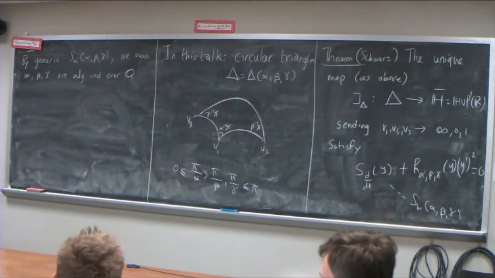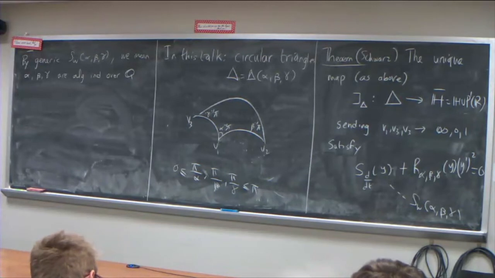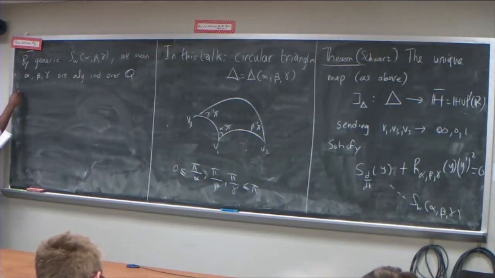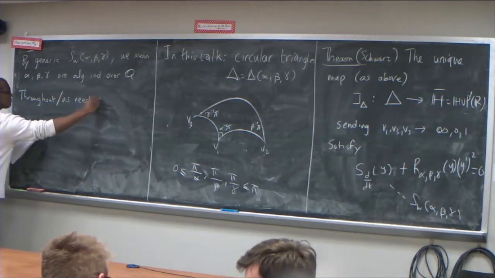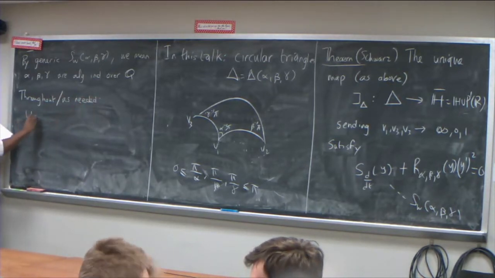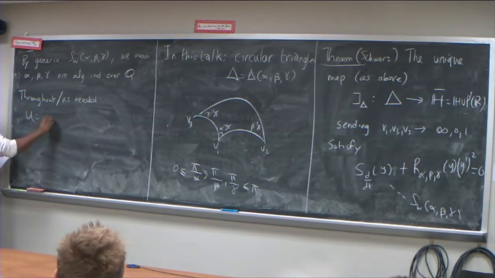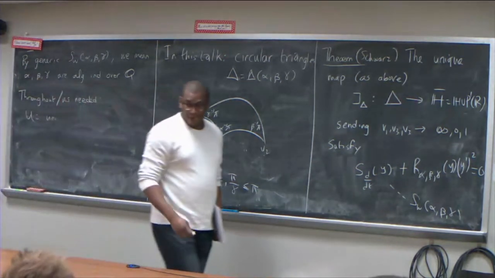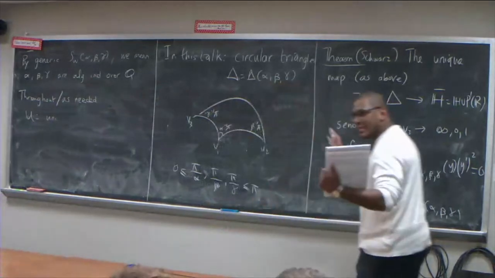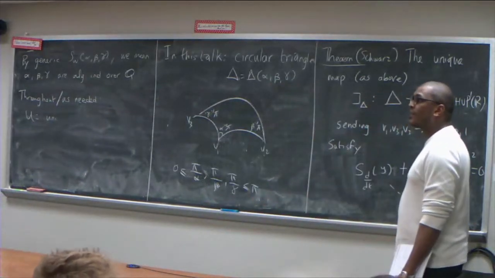All right, and so let me go through what the statements of our theorem are. So throughout, or as needed, this becomes a uniformly definable family, a collection of ODEs.